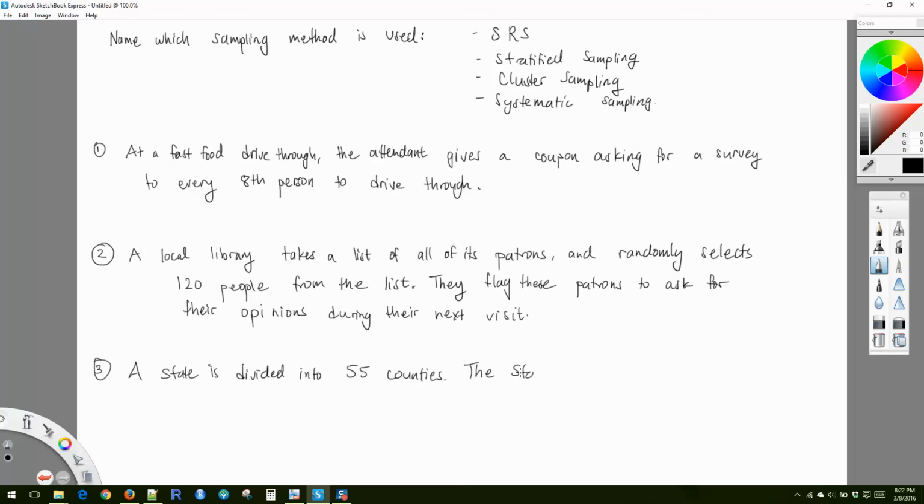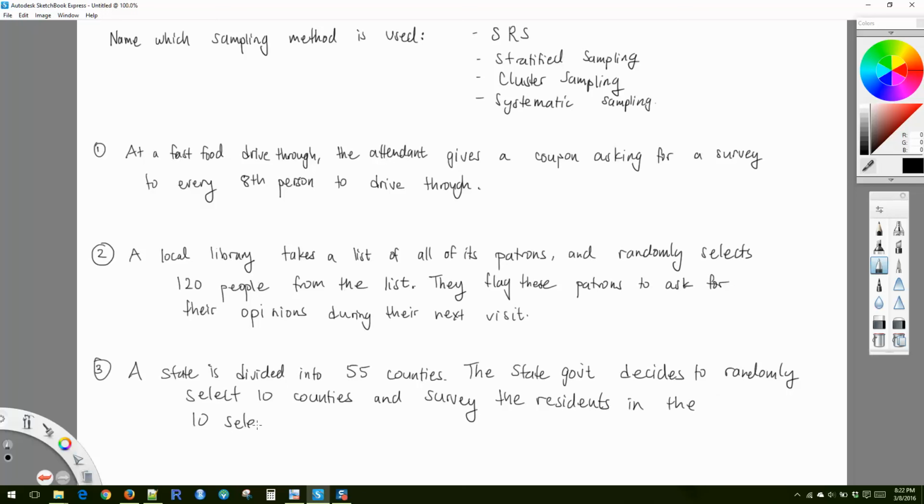The state government decides to randomly select 10 counties and survey the residents in the 10 selected counties.